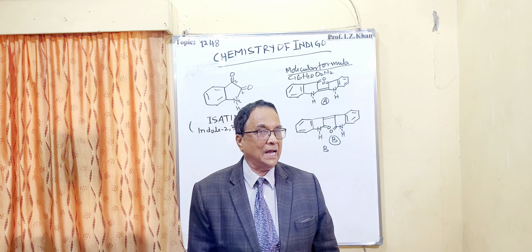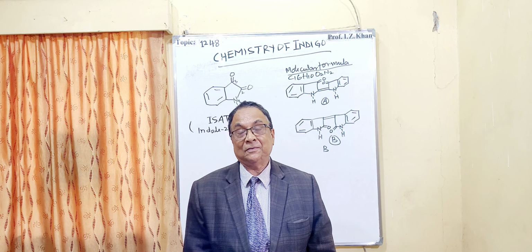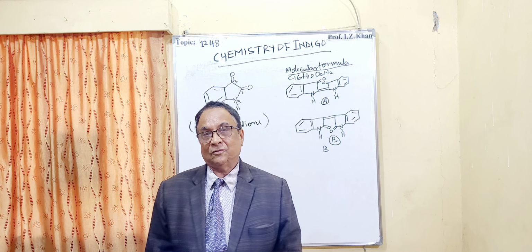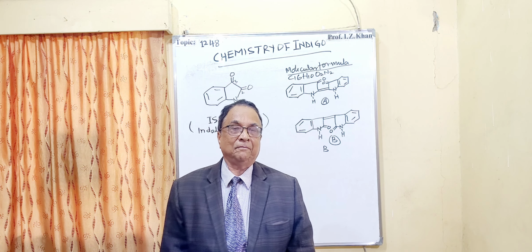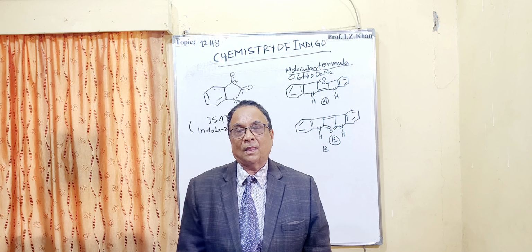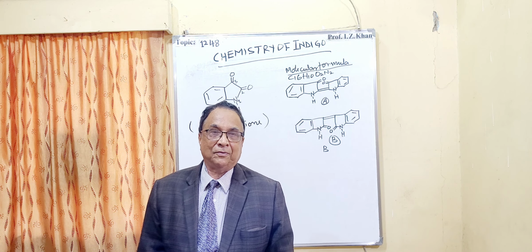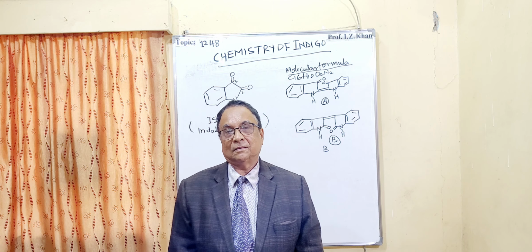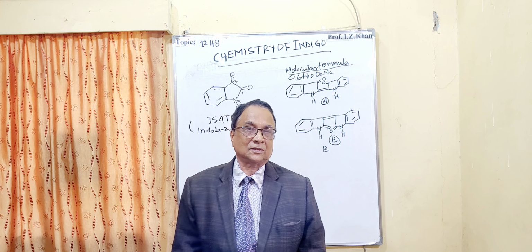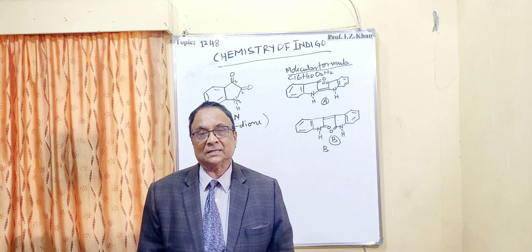That I will be discussing on the basis of some reactions when we are discussing the property of indigo, that what type of structures and carbon skeletons are there in the indigo molecule.